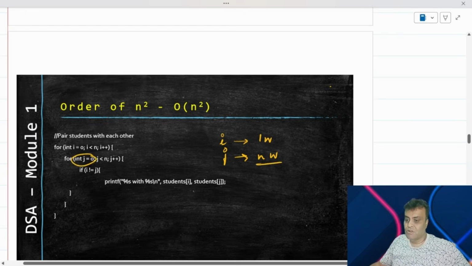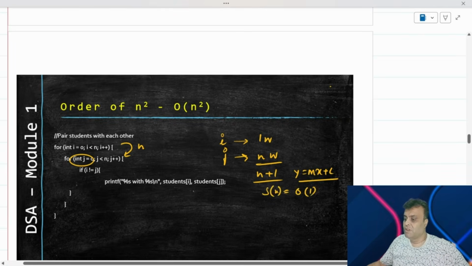Because this int j equal to 0 will be fired every time this loop enters, and this loop enters n number of times. So your total number of words required is n plus 1. And n plus 1 is like y equal to mx plus c, which will give you an order of 1. So the space complexity will be an order of 1.